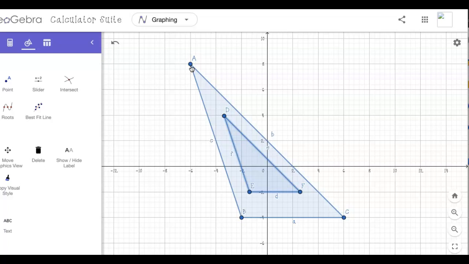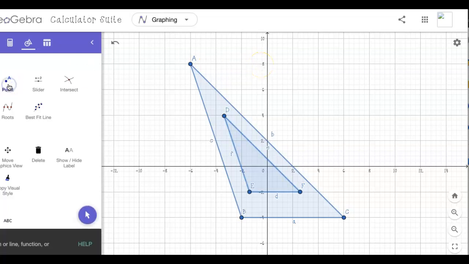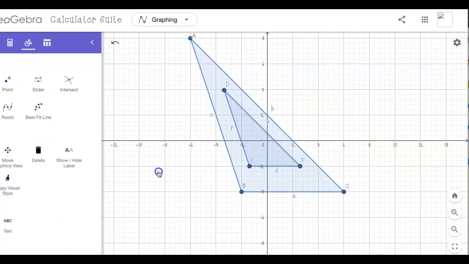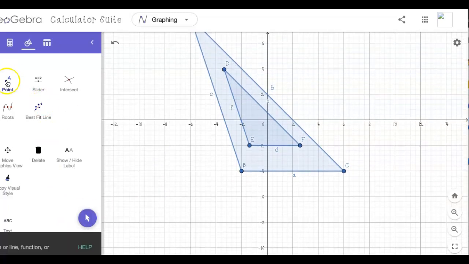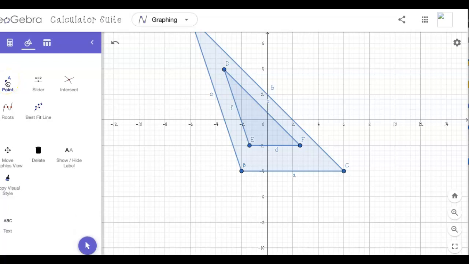The next question says, what happens when each coordinate is multiplied by -1? So basically, I'm going to change each sign to its opposite. I'm going to graph that for you here. I'm going to move this a little bit because I need more space. So now, instead of A being -6, 8, it becomes 6, -8.